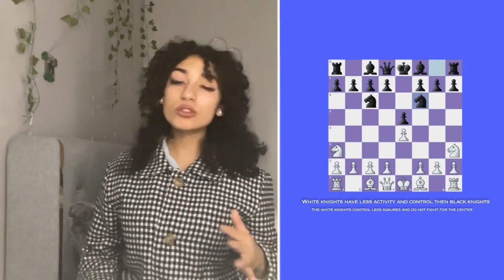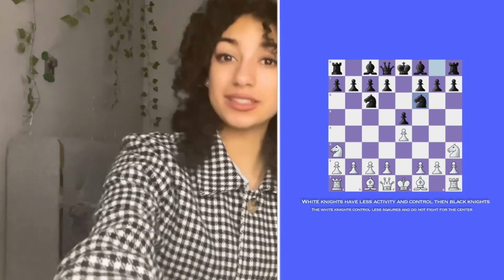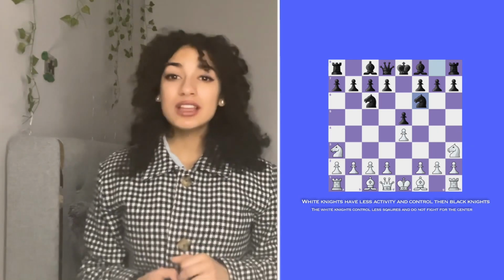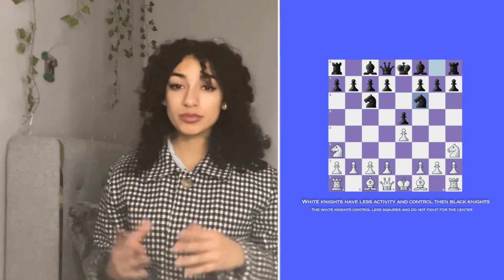They defend it more accurately, which is why you want to develop them first. You also want to put your pieces on squares where they have the most activity. That doesn't only go for knights, because you could develop your pieces, but if you put them on squares that are inherently useless, then they're very passive and allow your opponent to control the center much more easily.